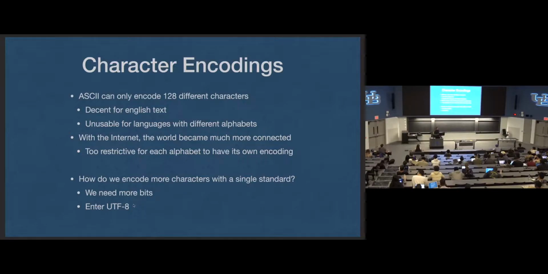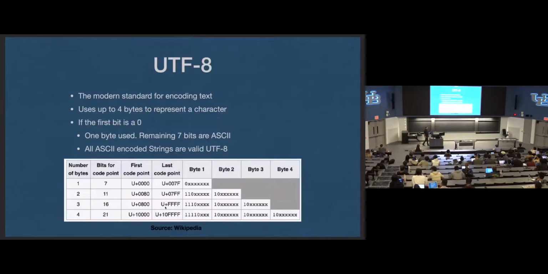So we need more power, and in comes UTF-8. UTF-8 is a different standard, obviously, than ASCII. It's going to be a variable byte protocol, which uses up to 4 bytes to represent a single character. And there are 4 different cases here.